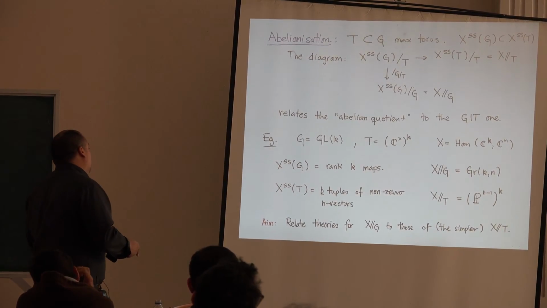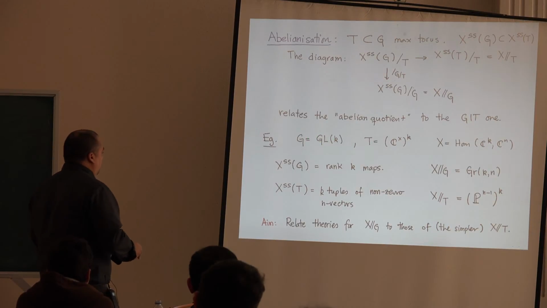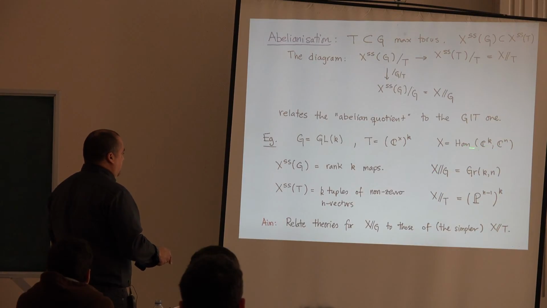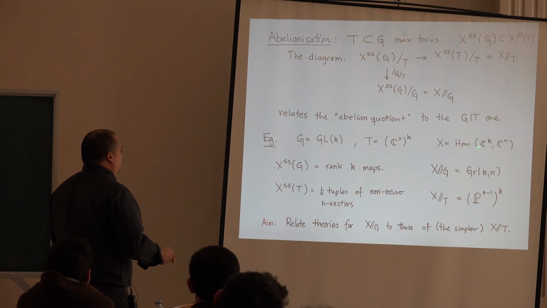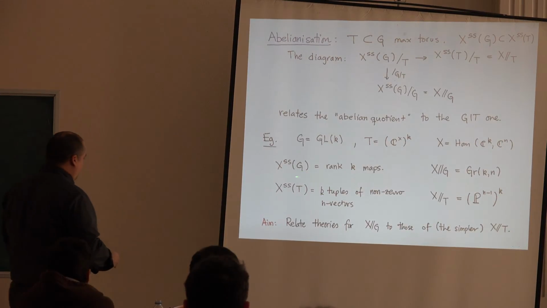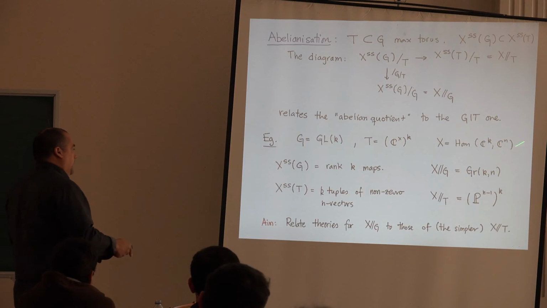So for example, if you consider G equals just the general linear group GL_k acting on C^k, I can take all the matrices that go from C^k to C^n, and then the semi-stable locus with respect to the G action, with the standard linearization, is just given by the rank k maps, the rank k matrices.